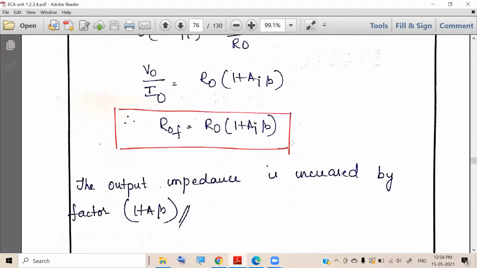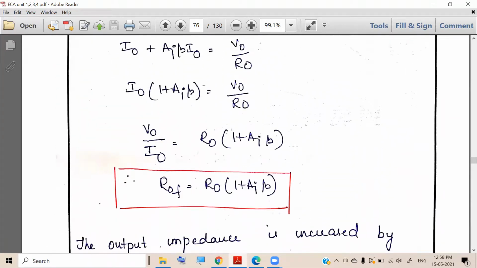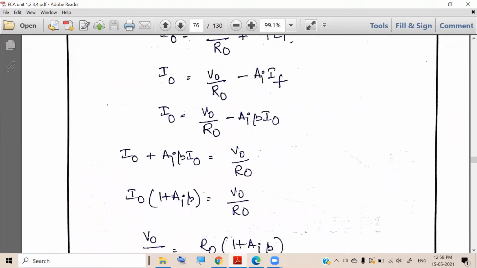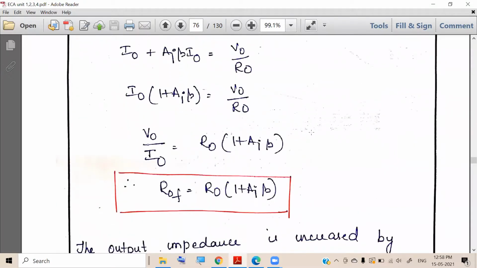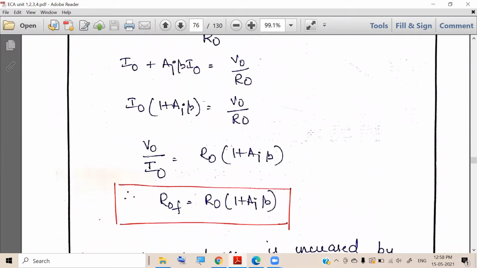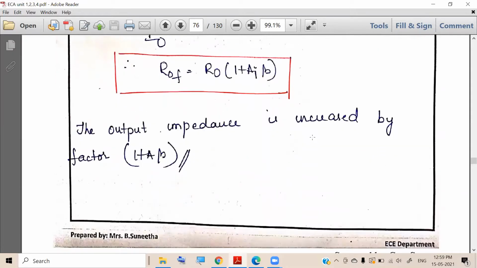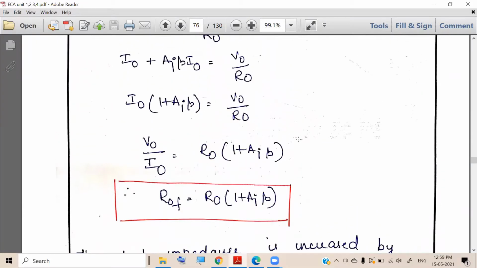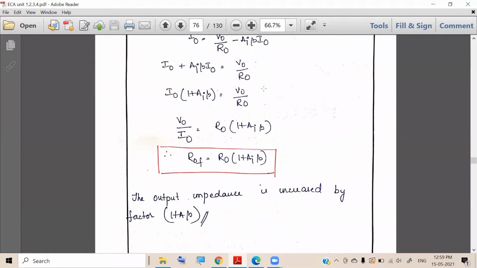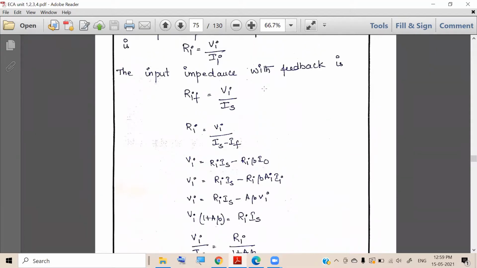We have now discussed all 4 combinations: voltage series feedback, voltage shunt feedback, current series feedback, and current shunt feedback, and whether the input and output resistances increase or decrease for all 4 cases.